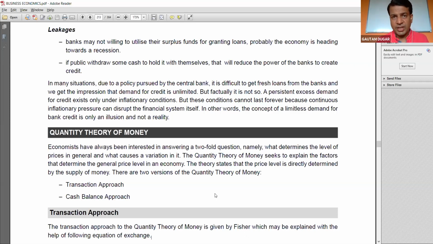This is what Fisher says, that the price level is directly proportional to the quantity of money in circulation. Greater the quantity of money in circulation, higher will be the price level. Lesser the quantity of money in circulation, lower will be the price level.